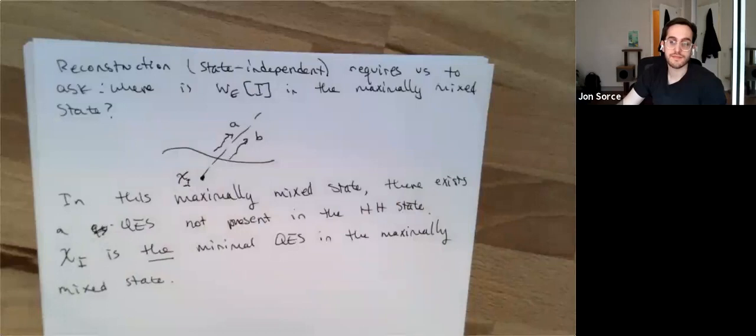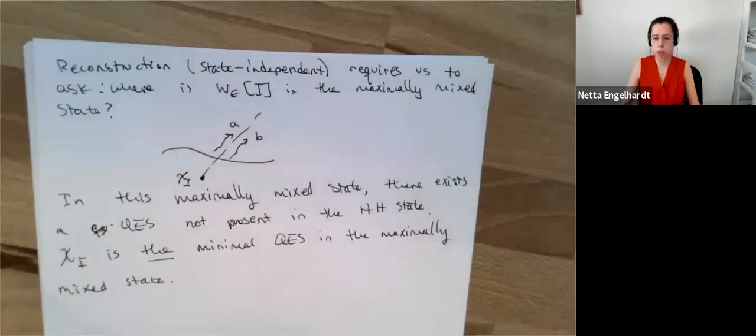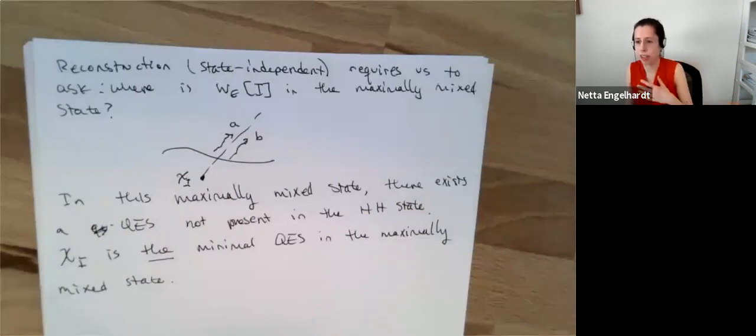Yeah. So chi is the minimal quantum extremal surface in the maximally mixed state. It sits on the event horizon, and that tells us that reconstruction of any operators behind the event horizon in this very large code subspace is always going to be state dependent. Now, we're not the first ones to notice that reconstruction of the black hole interior has a lot of state dependence in it.